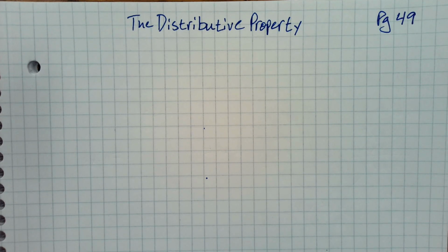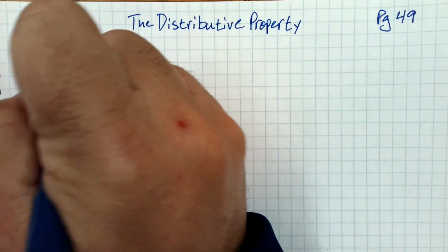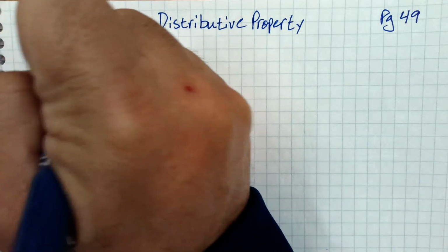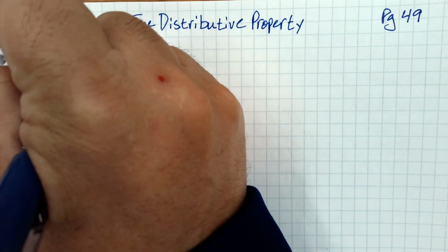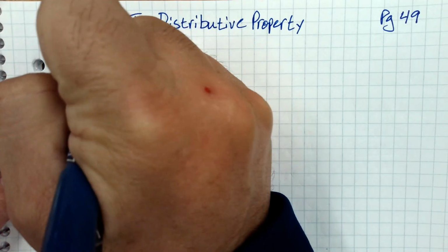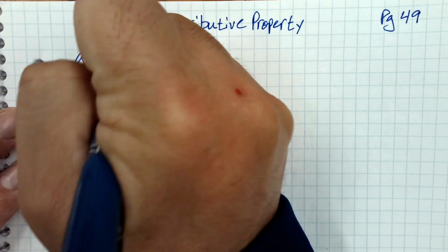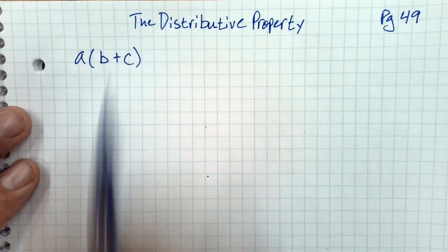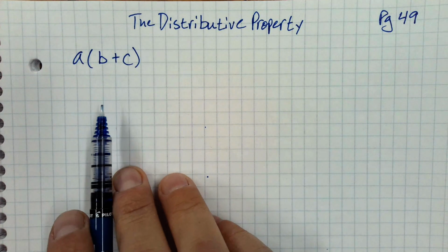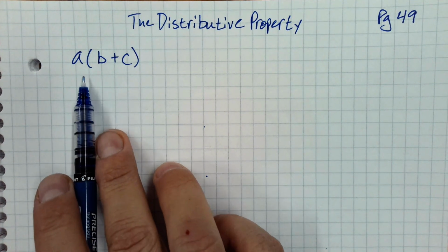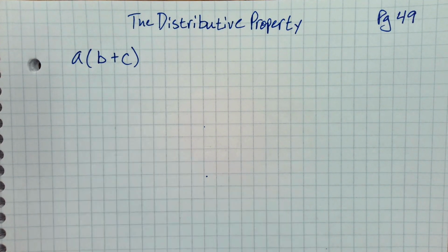Okay? The distributive property is used when we have something like this. We're basically multiplying some sort of coefficient by two or more terms.